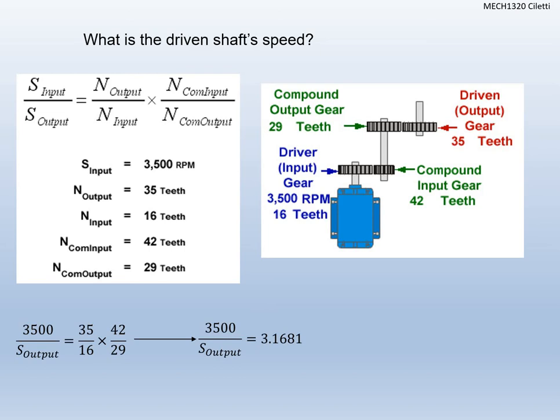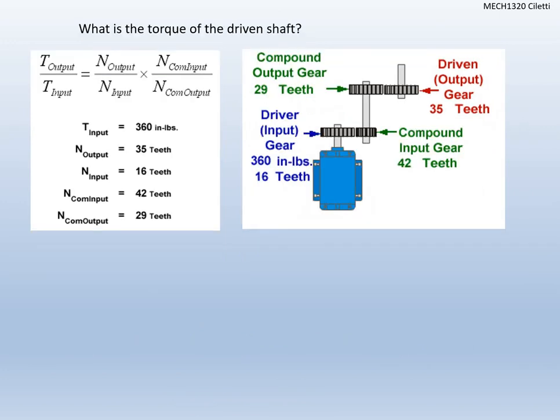So when I set that up algebraically, I end up with 3,500 divided by 3.1681, and that's going to give me my output speed. And when I do that calculation, my output speed ends up being roughly 1,104 revolutions per minute.